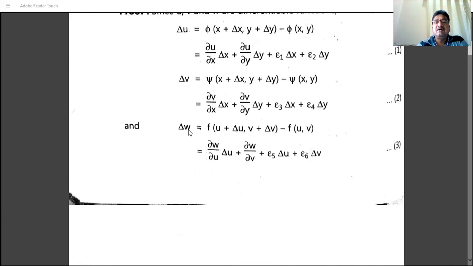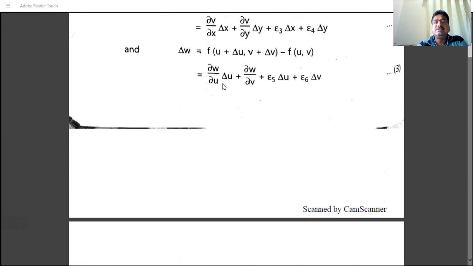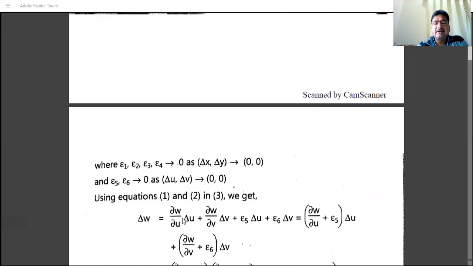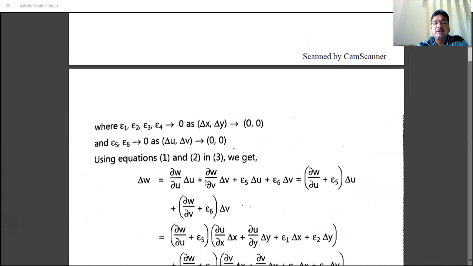What is the equation number 3? This is the delta w. Delta w is ∂w/∂u, ∂w/∂v, epsilon 5 delta u, epsilon 6 delta v. So take first this delta u common factor from first term and third term, and delta v from second term and last term.